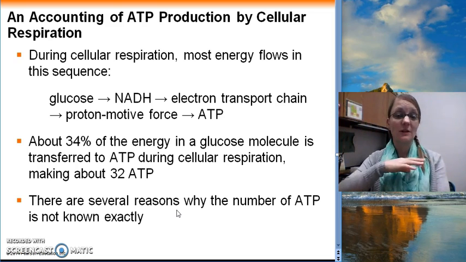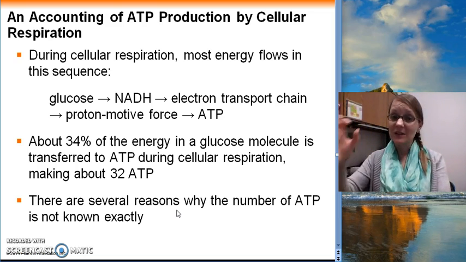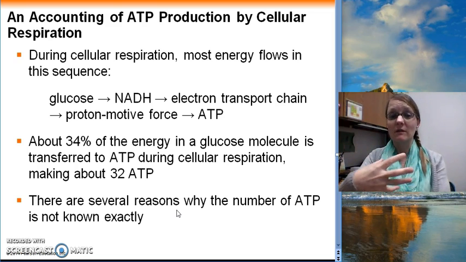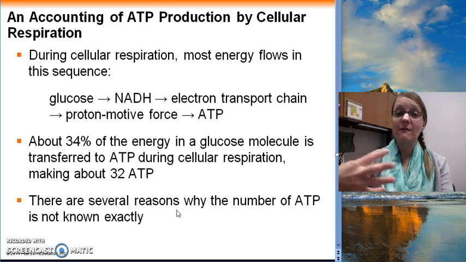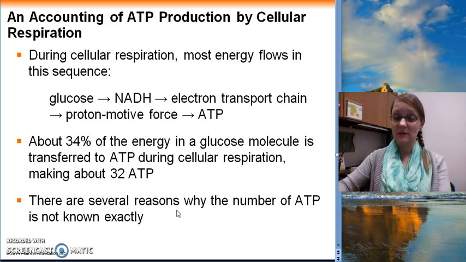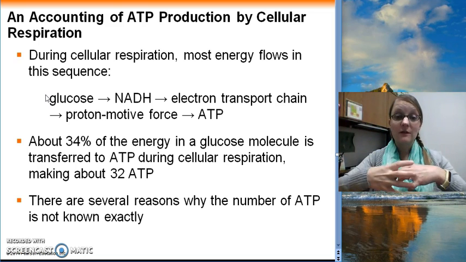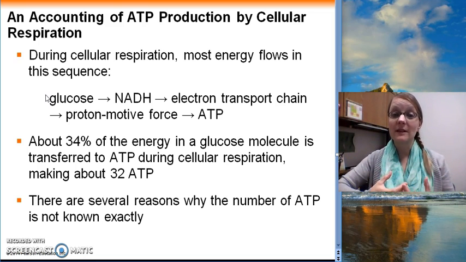Okay, so we've gone through essentially all of cellular respiration. We've taken glucose, we've broken it down, we've extracted all of its energy, we've used that energy to make ATP. So if we were to review, if we were to do sort of an accounting of all the ATP that's produced by cellular respiration, we can essentially follow the flow of energy, first of all, right? So energy starts out at the very beginning in a molecule of glucose, right, our fuel source. That energy is extracted from glucose by the removal of those electrons.